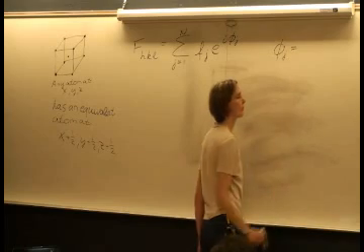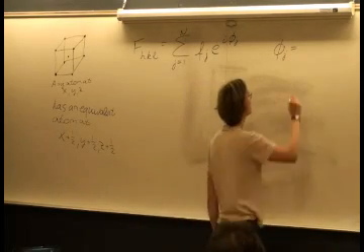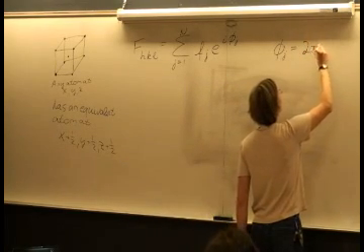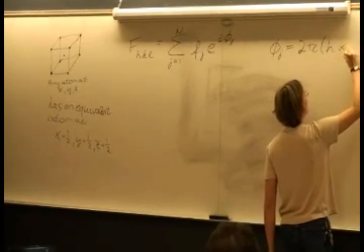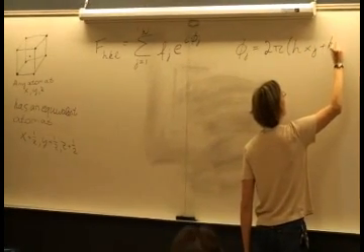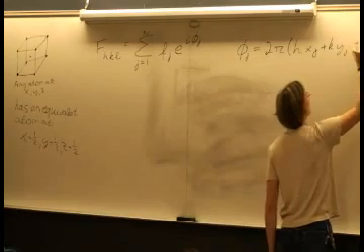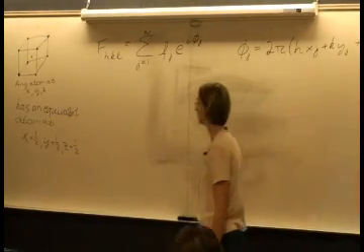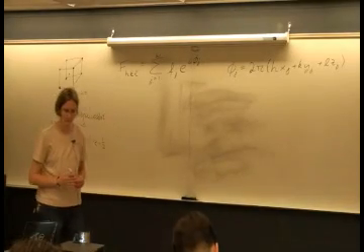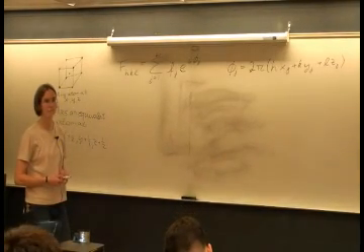And phi j was 2 pi (h x_j plus k y_j plus l z_j). Right?